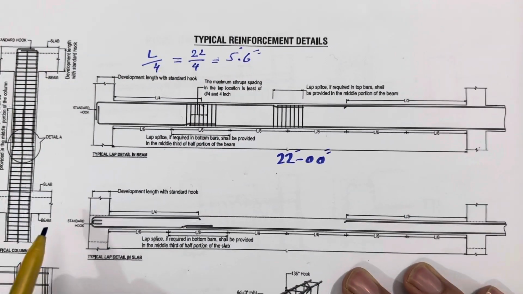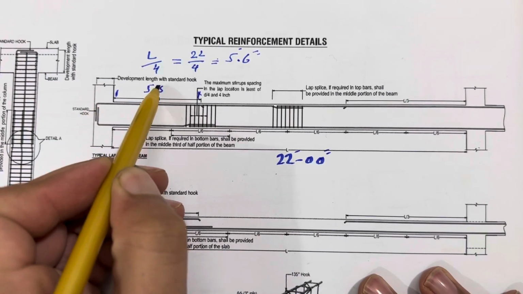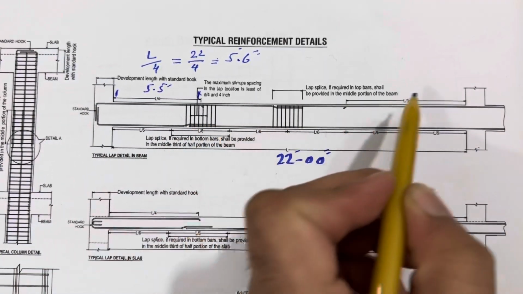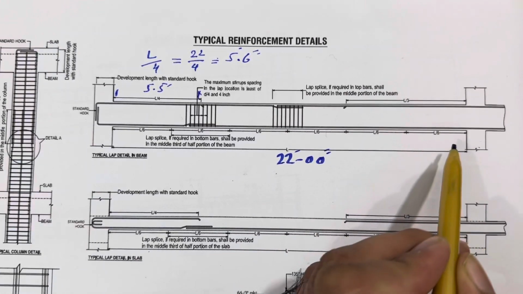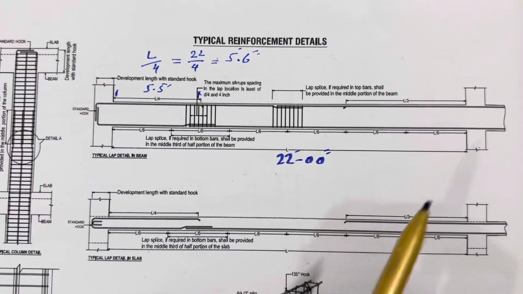This is one side, 5.5 feet, and this is the other one, okay, which is L by 3, because it also depends on the span, because here we have more structure load, okay?